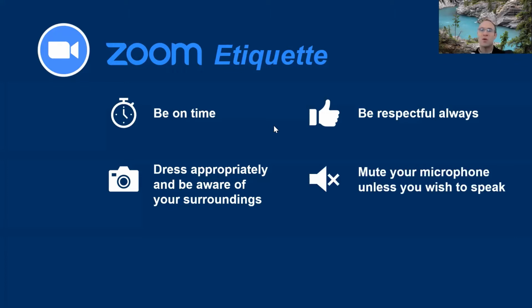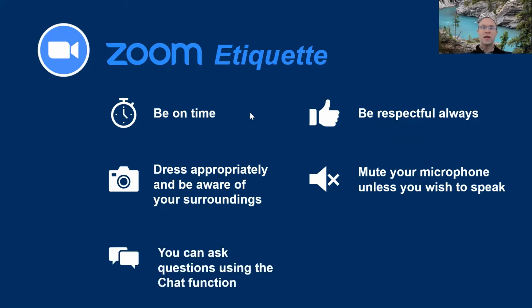Secondly, mute your microphone. That way we're not hearing everybody's sniffles and cats and dogs and home renovators or whatever's going on. I don't mind if you want to unmute to ask a question. In fact, I like that because it helps me understand whether you understand, and just like a lecture, you're going to ask a question.